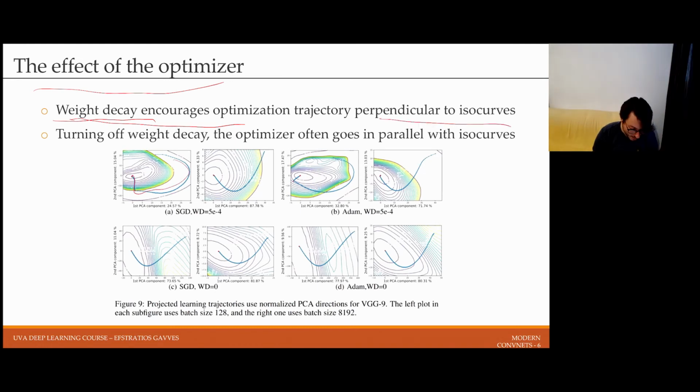So here's weight decay. However, when we set our weight decay, so our L2 regularization, to 0, then our trajectories are quite often parallel to the isocurves, which means that instead of going in the direction of the local minimum, we maintain solutions that attain similar loss over a duration of time steps.